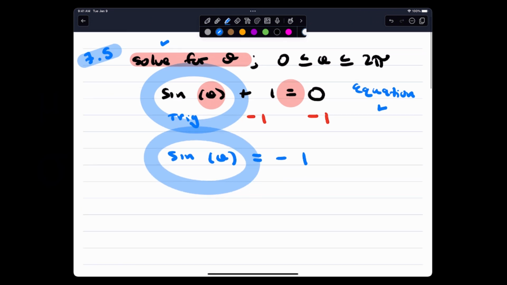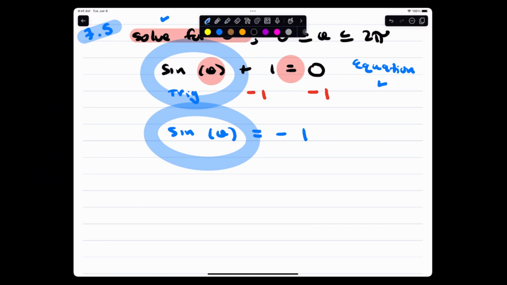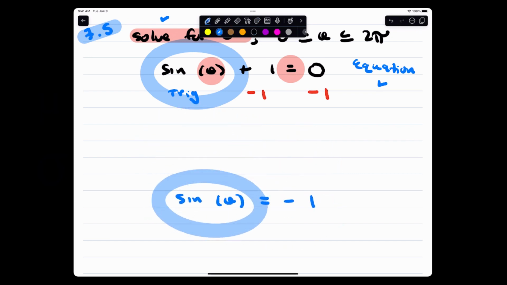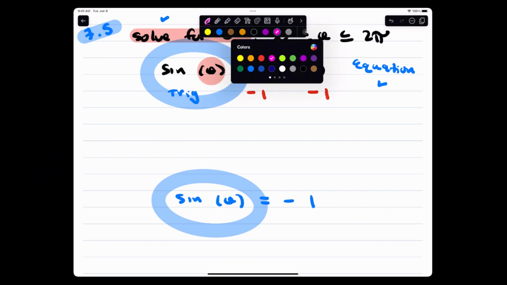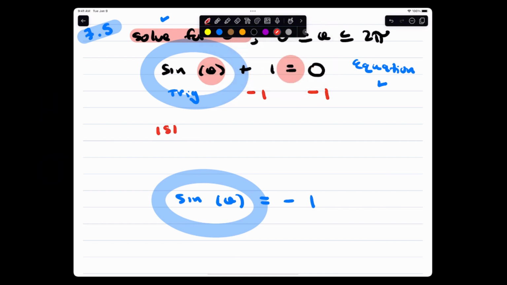So what you want to first do when they give you this, let me move this down. First of all, solve for the trig function. You always want to first solve for the trig function.